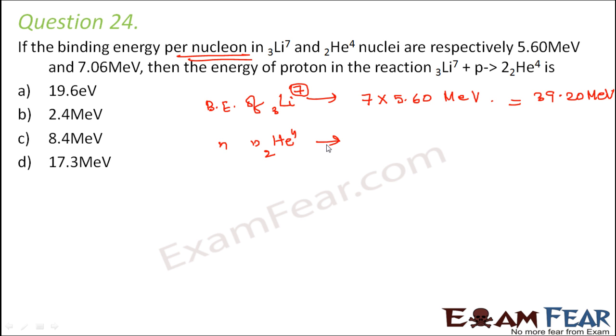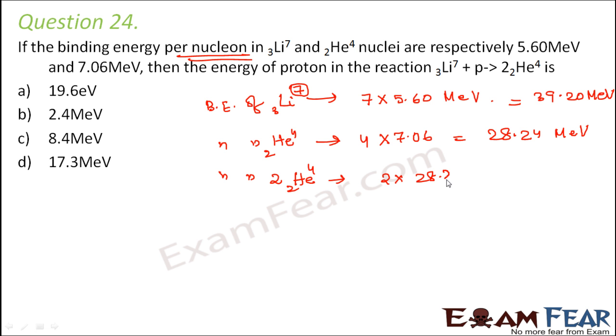Now let us calculate the binding energy of helium. In case of helium, we have 4 nucleons. So the binding energy would be 4 into 7.06, which is equal to 28.24 mega electron volt. Now what would be the binding energy of 2 helium nuclei? This would be 2 into 28.24, which is equal to 56.48 mega electron volt. Now let's calculate the energy of proton.